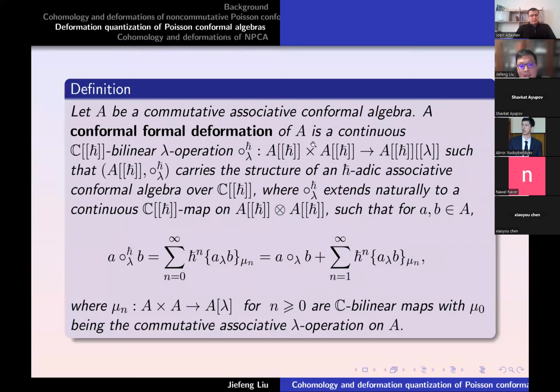A conformal formal deformation of A is a continuous bilinear lambda operation such that this space carries the structure of an h-adic associative conformal algebra, where this operation extends naturally to a continuous C[h bar] map on this space, such that the following formula holds, where mu n is a map from A cross A to A[lambda], with mu 0 being the commutative associative lambda operation on A. It's very similar to the classical one, except for this structure.